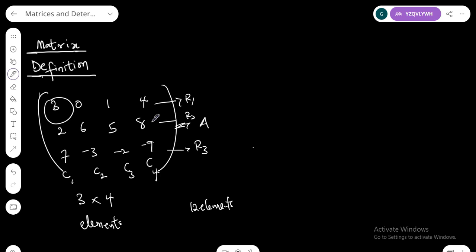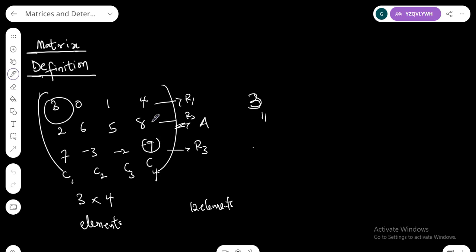So you represent the position of element 3 by writing the element 3 and the position as a subscript: 1, 1. The first number indicates the row, while the second number indicates the column. So we say element 3 is in the first row and the first column.